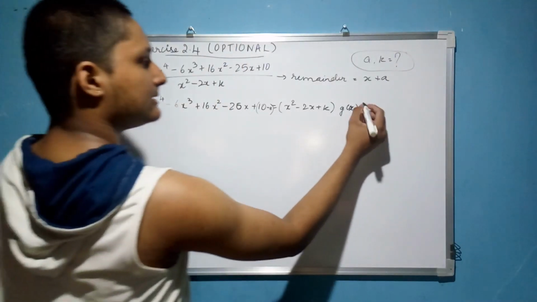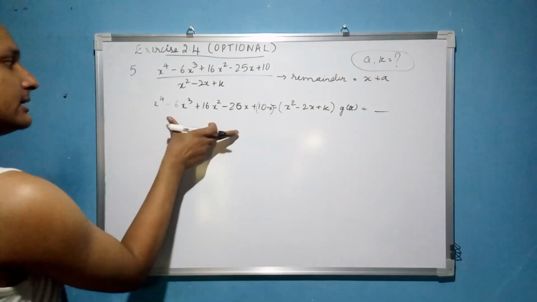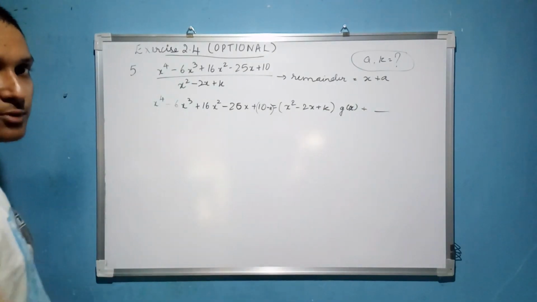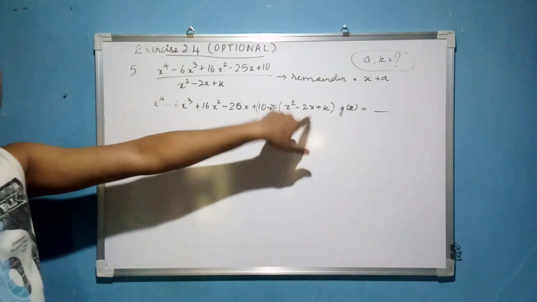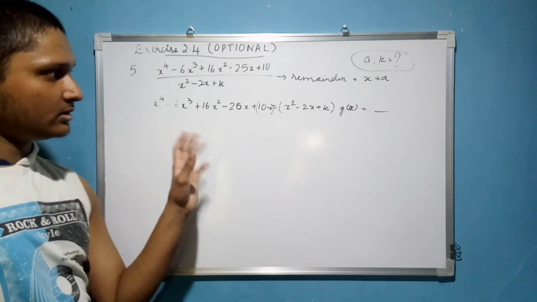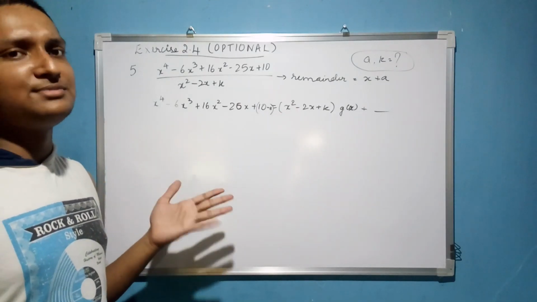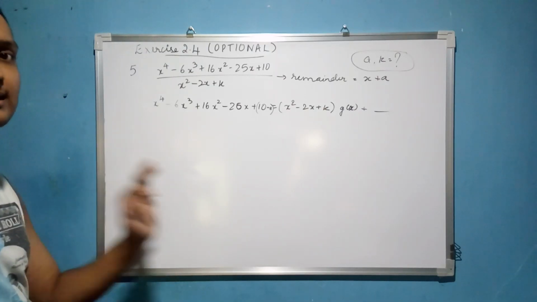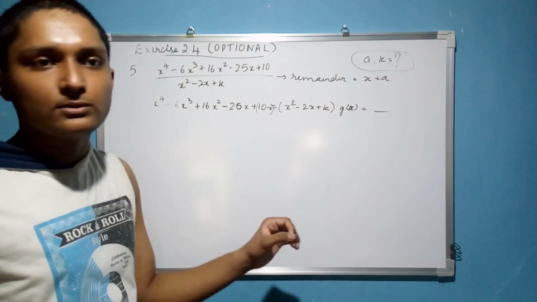Now the remainder is 0. That means this polynomial is divisible by this polynomial, so if I divide, I should get the remainder to be 0. But since we have k and x, you'll get some terms at last, which we should equate to 0.